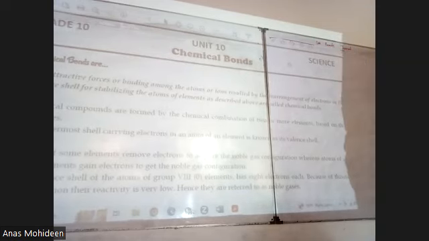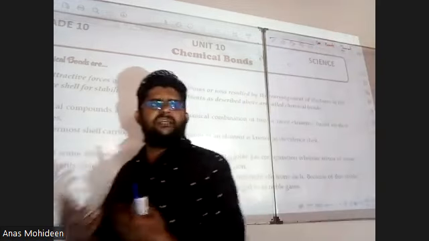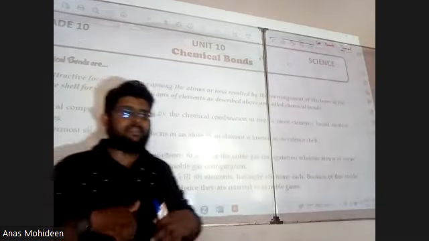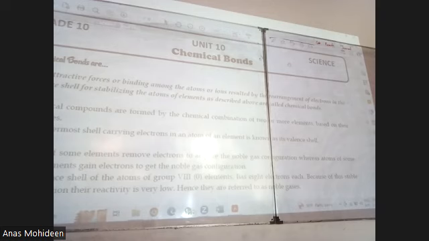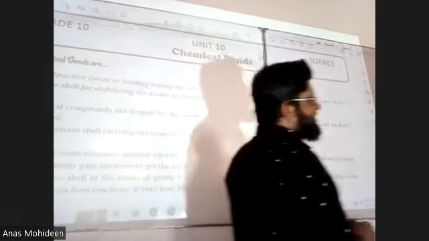The attractive forces for binding among the atoms or ions resulted by the rearrangement of electrons. After exchange of electrons, the number of electrons will be rearranged, right? So this is what we term rearrangement of electrons in the valence shell for stabilizing the atoms of elements, described as chemical bond.